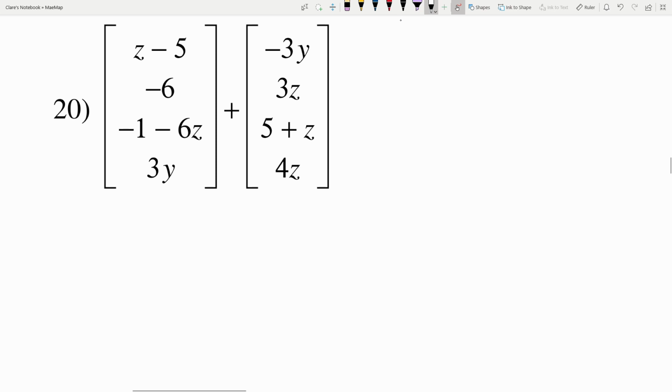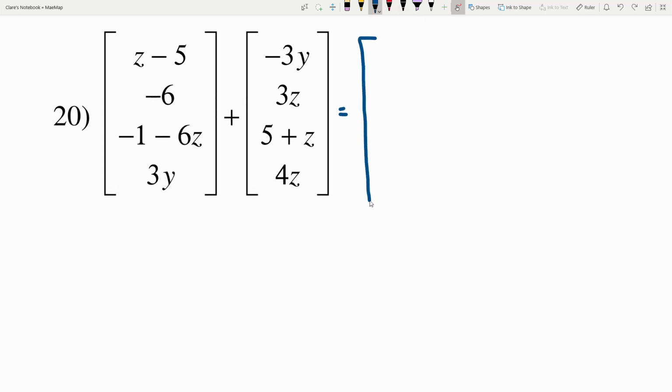In number 20, I have a 4 by 1, and I'm adding that to a 4 by 1. So because I have a 4 by 1 added to a 4 by 1, my result is a 4 by 1. So writing this out, z minus 5 will get added to a negative 3y.